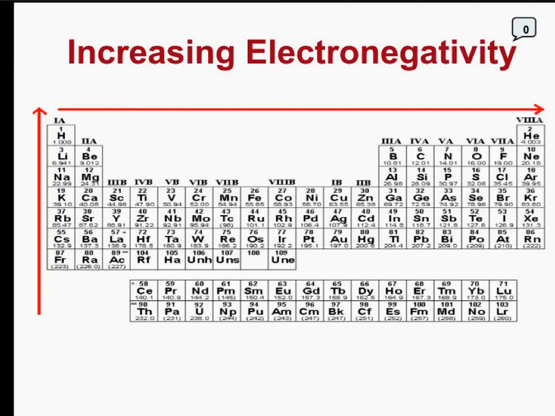So what I would do if I was you is go in and erase that part and make your arrow stop right there. Because the group 8 elements don't have an electronegativity value. Their electronegativity value is 0. They aren't looking to attract anything.